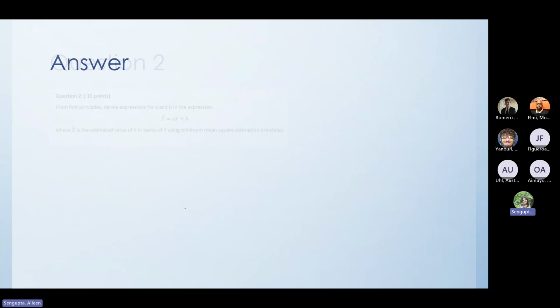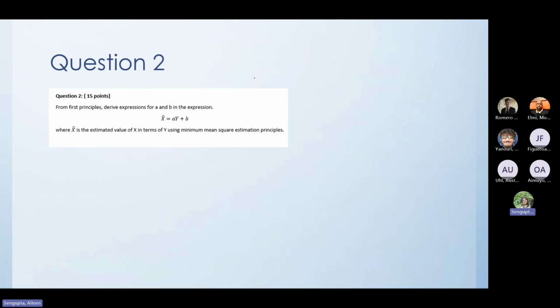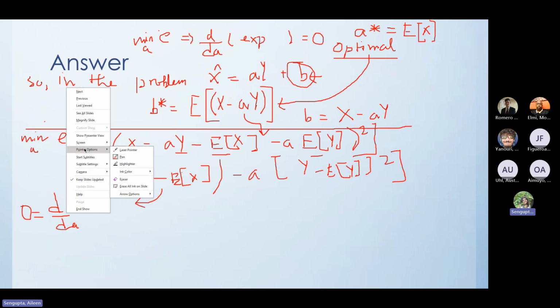So for example, in the first expression that we have, AY1 plus BY2 plus C, after you substitute the value of C, you are going to try and minimize with respect to A, and then you're going to try and minimize with respect to B. Minimization of that particular variable means derivative with respect to that variable of this expression, that is expected value of this entire thing, okay? So I'm going to write that expression out and then try to solve it.